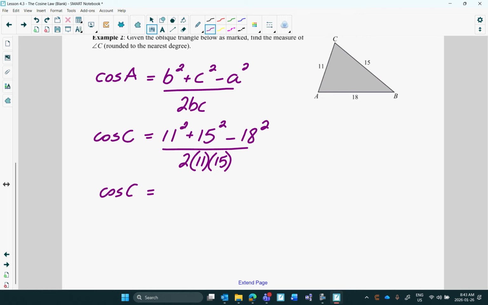So you get cos C, if you do 11 squared plus 15 squared and then subtract 18 squared, you get 22. On the bottom, you'll get 330. So how would I find C? Cos inverse.